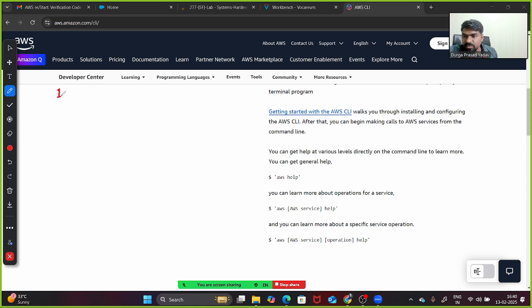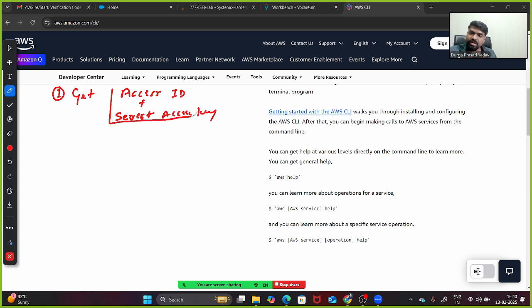Once you create the user, step number 1, you will get the access ID plus secret access key. Both you will get once you create the IAM user. Okay, this is what you will get. Now you do have a username and password, you can say.